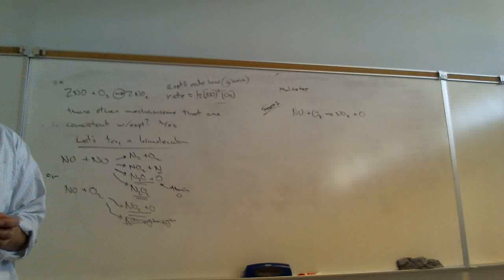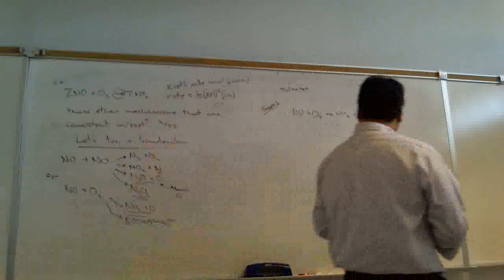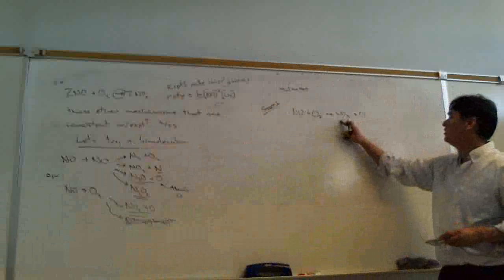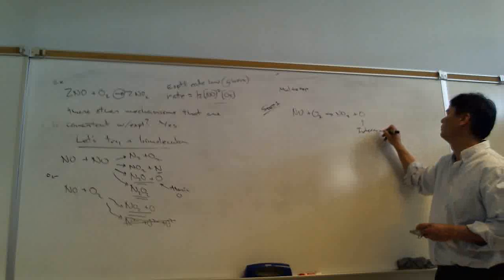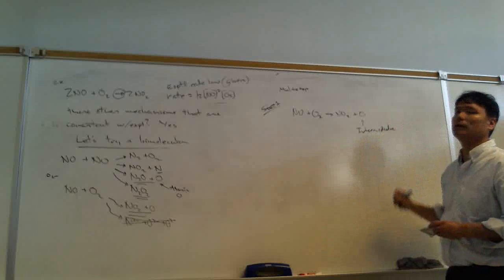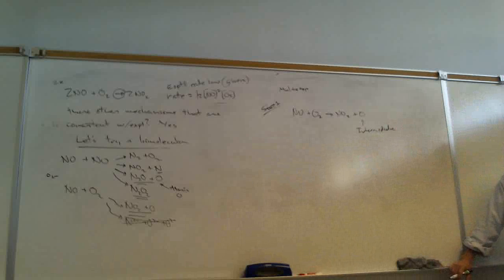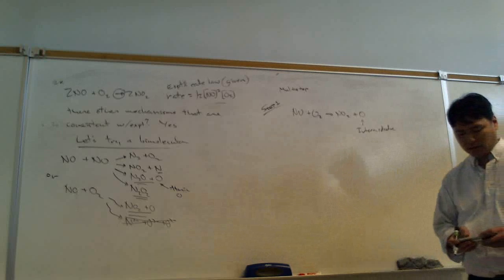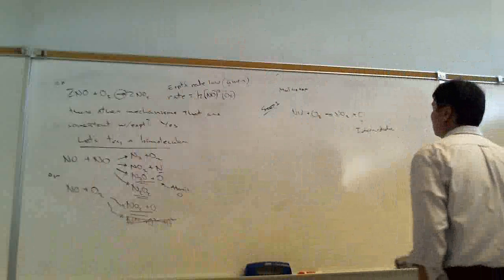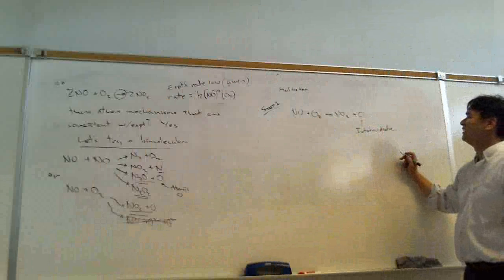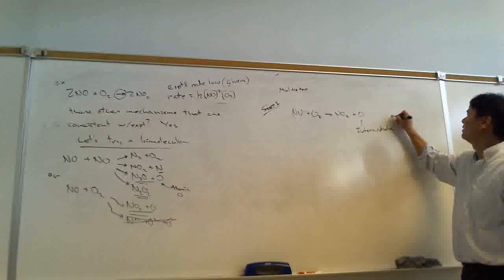Sorry, let me just take care of this. This is a product, but what is this? This is something we call an intermediate product. Intermediate is not going to stick around here, but let's just take a look at the rate.